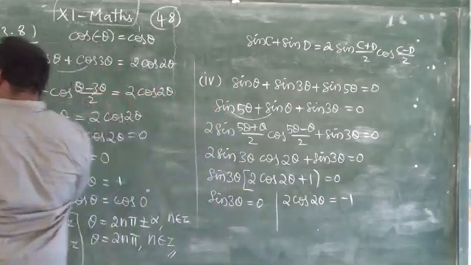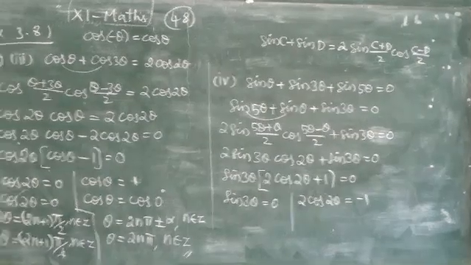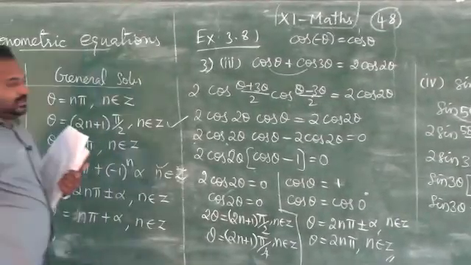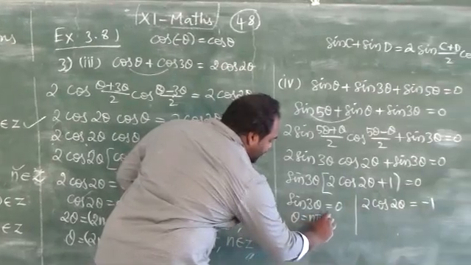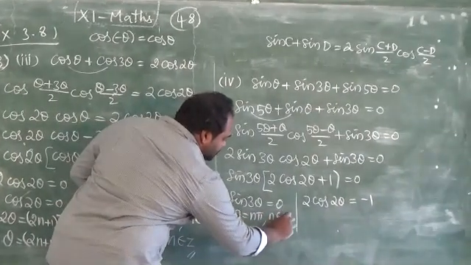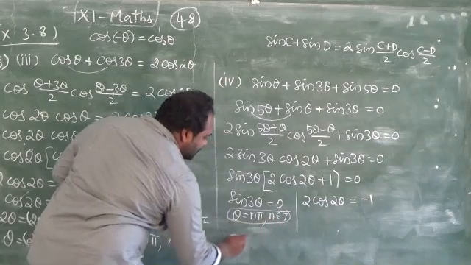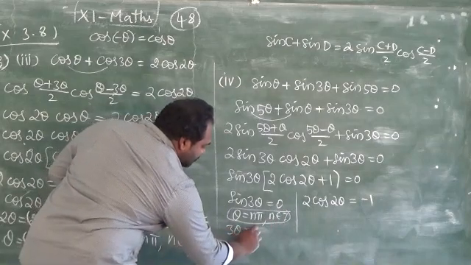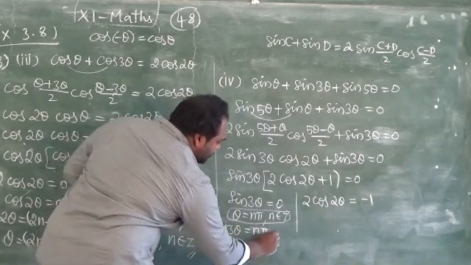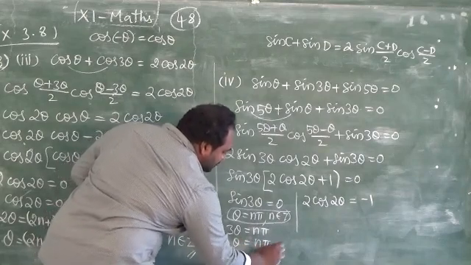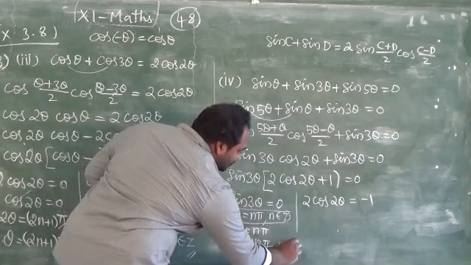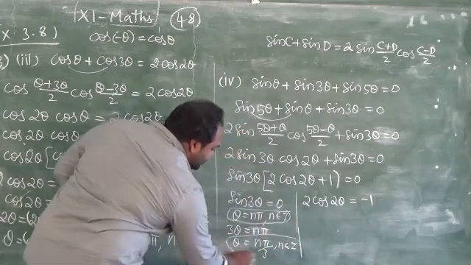We know sin theta equal to 0 means theta is equal to n pi, n belongs to Z. This formula I am going to use. So here 3 theta equal to n pi, theta is equal to n pi by 3, n belongs to Z. This is one answer.